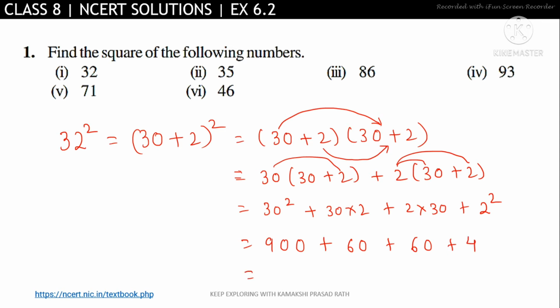Hence when you add, 900 plus 60 is 960, 960 plus 60 we get 1020, plus 4 we get 1024. Hence 32 squared is 1024.